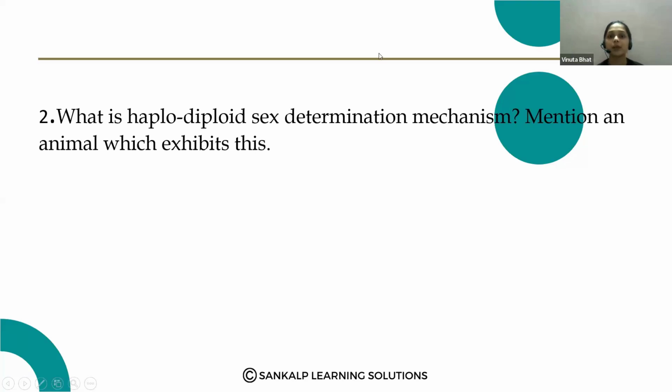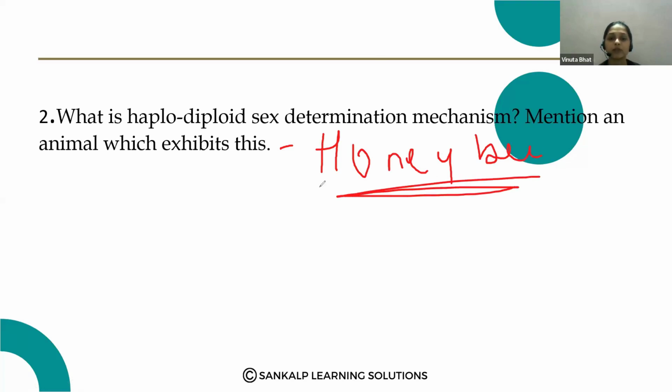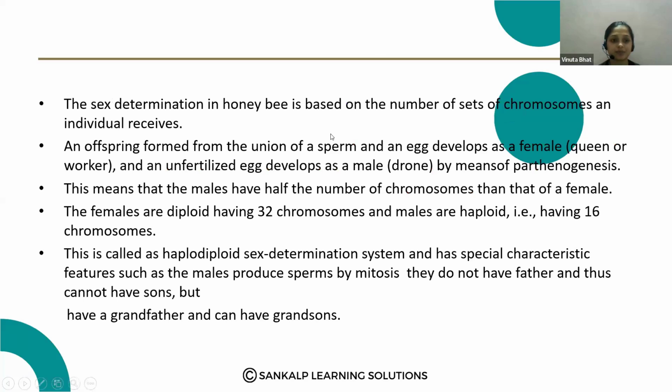This haplodiploid type of sex determination is seen in the honeybee. Here the sex determination is based on the number of sets of chromosomes an individual receives.